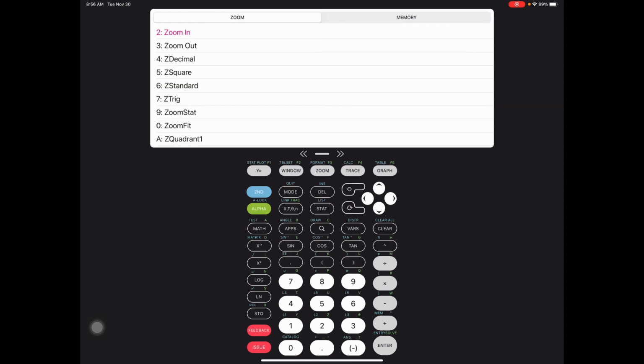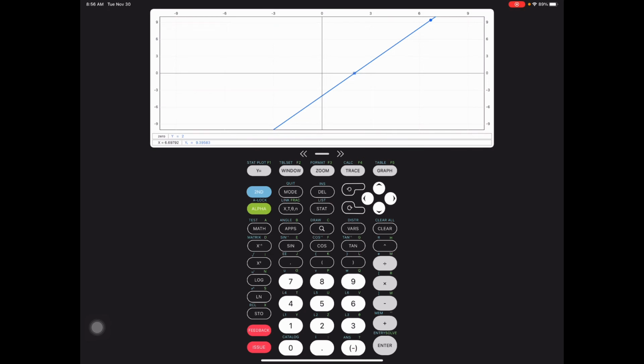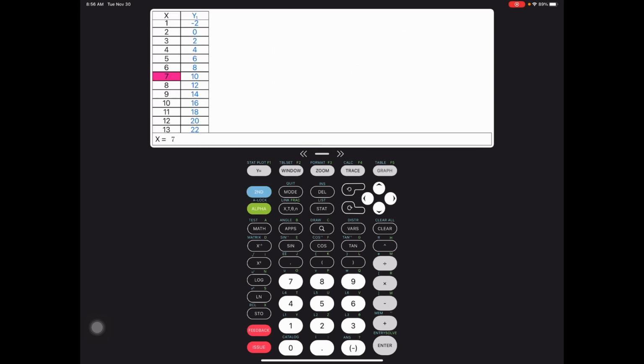So we'll hit zoom and choose choice 6 for standard and get an idea of the graph. However, we only are allowed to graph this from 2 to 6. So we want to look at the table by hitting second graph, and we only want to write down the values from x equals 2, which is right there, down to x equals 6. So we'll head back to our notes and record that portion of the table.